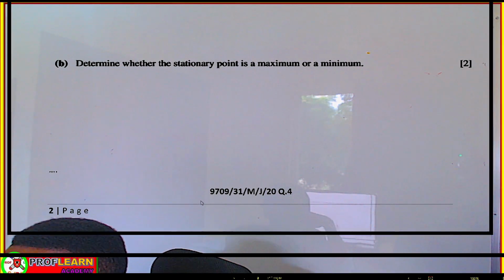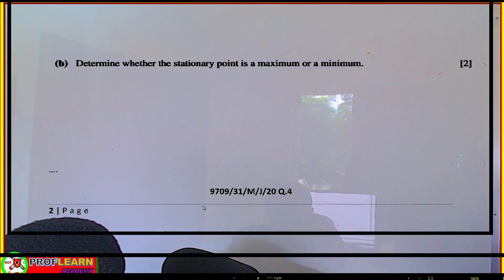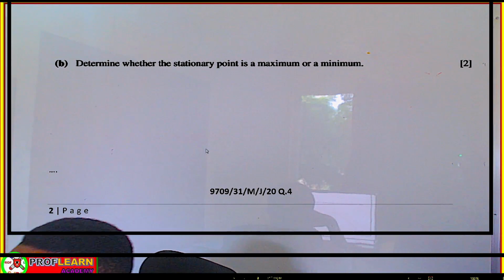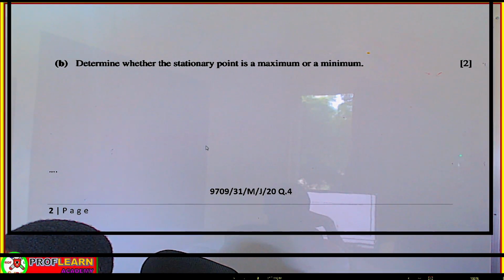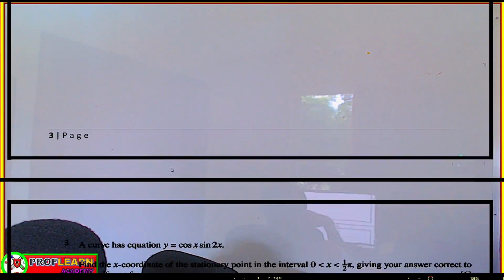Remember, if you find the derivative of that function and then the second derivative, if d squared y over dx squared is greater than 0, that's the minimum point. If you get a negative number, that's the maximum point. Here we used the quotient rule to work this out. You can check the previous video if you have not watched that.